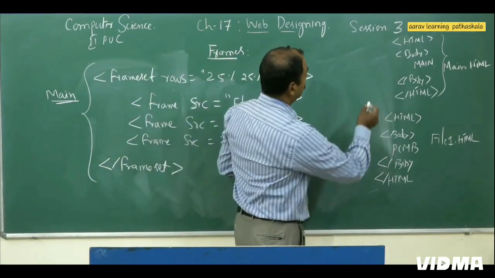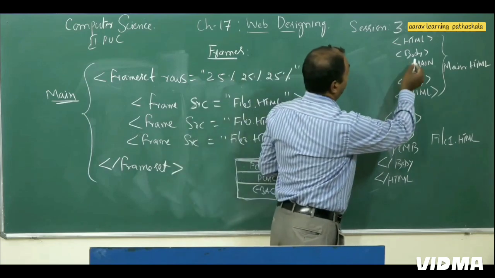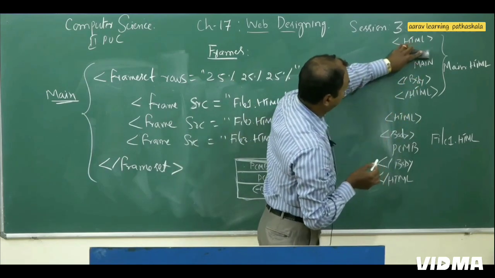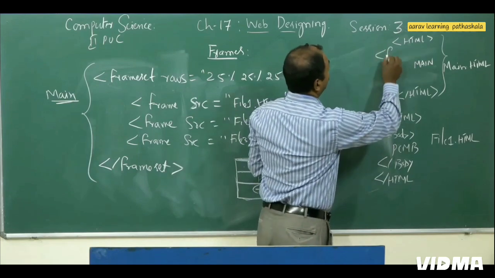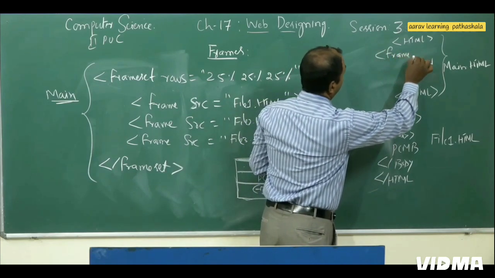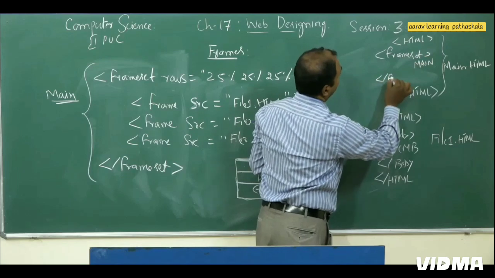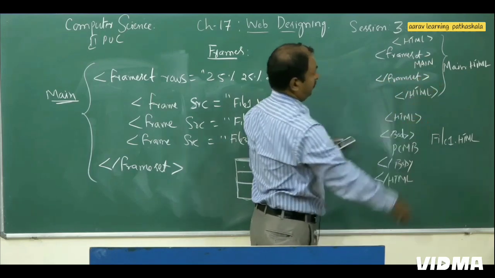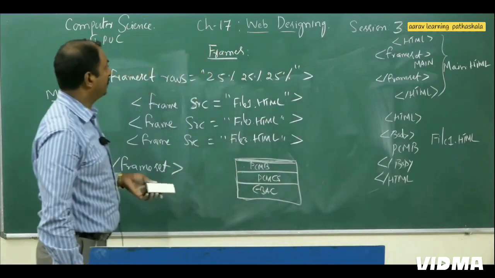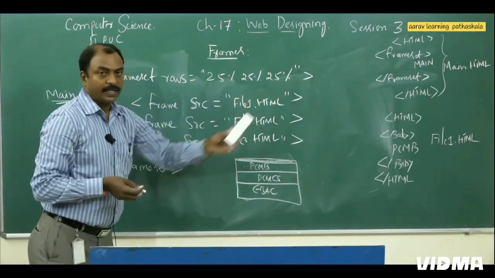And as I already told you, in this main program the frameset replaces the body tag. In the place of this, we are writing the frameset tag, and here we are closing this with the frameset tag. See, this is your frames in HTML. Now it is going to divide like this.